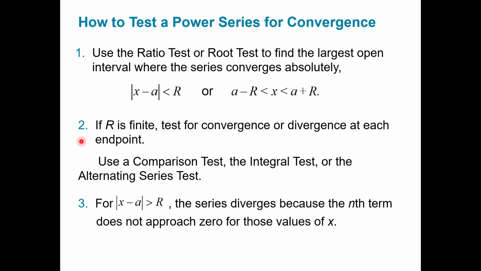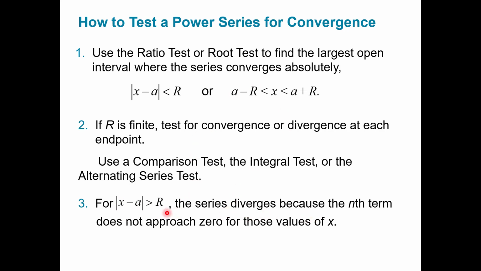Now, part 2, if R is finite, test for convergence or divergence at each endpoint. This is exactly what we just did. We used the alternating series test on one endpoint, and we used the p-series for the other endpoint. And then last, for x minus a greater than R, with absolute value, the series diverges.